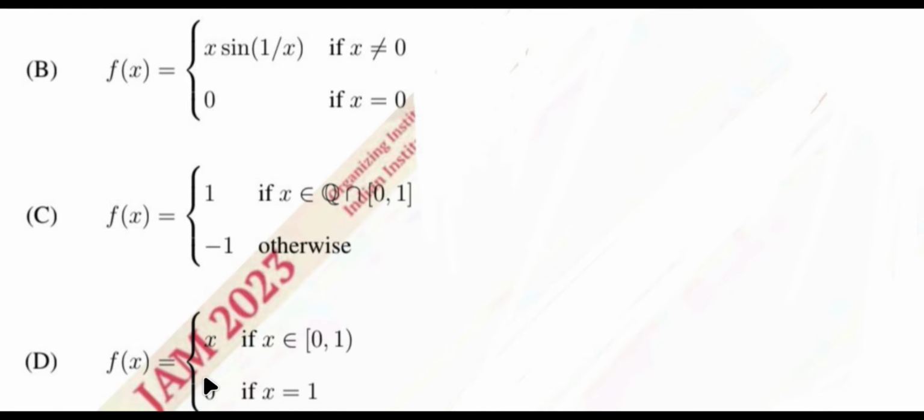In option D, you see this function is discontinuous at only one point, and that point is x equals 1. At x equals 1, the function given in option D is not continuous. But except that point, this function f(x) equals x is continuous for all those points lying in this interval.